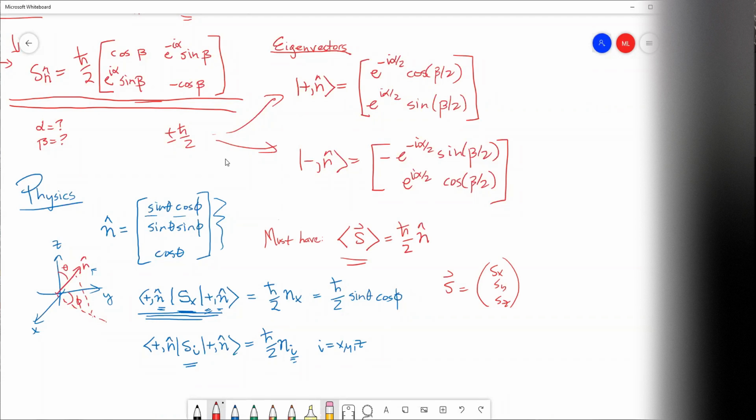So if you construct expectation values of these three components, in the end you better get h bar over 2 times n hat, which is the direction of the spin which we prepared the system in.